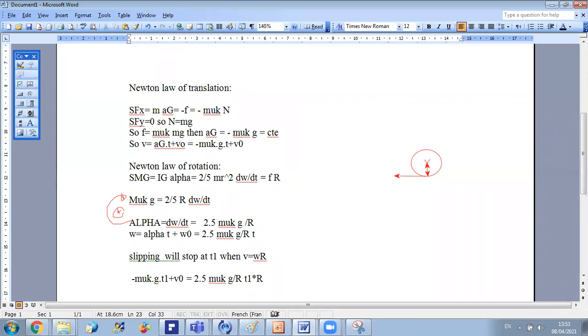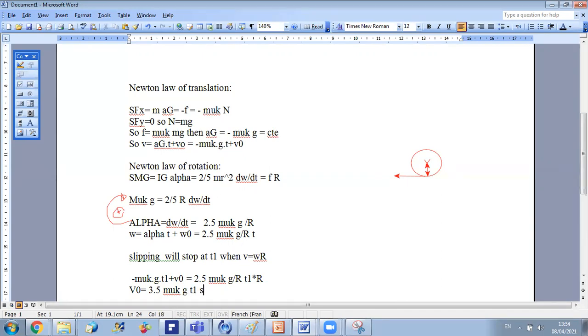Okay. فإذا هون r over r will be simplified. This is why ما عطونا radius of the ball لأنه it will be simplified from the equation. If I take mu k g t1 to the other side, I get that v0 is equal to 3.5 times mu k times g times t1.